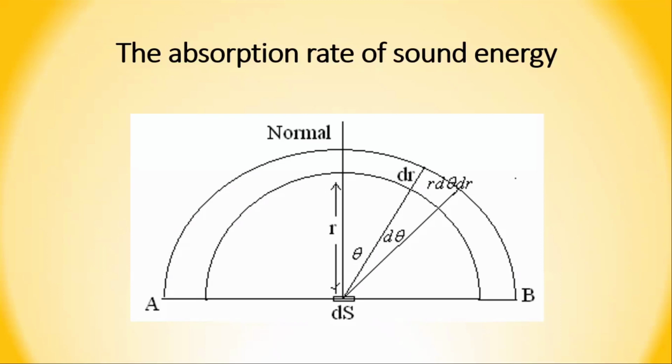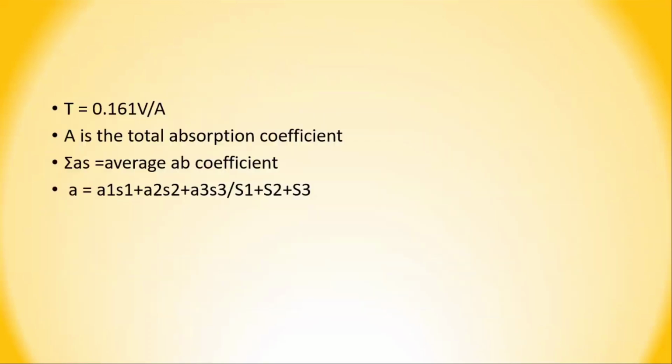So decay of the sound waves and the build-up of the sound waves, they were calculated by him. Okay, and then finally the reverberation time, this formula of capital T was derived. Capital T is equal to 0.161V upon A, right?